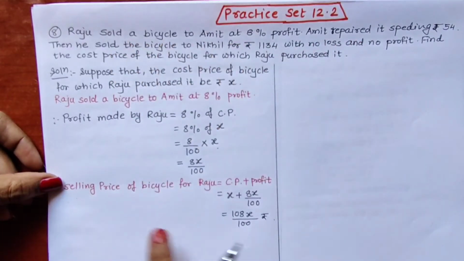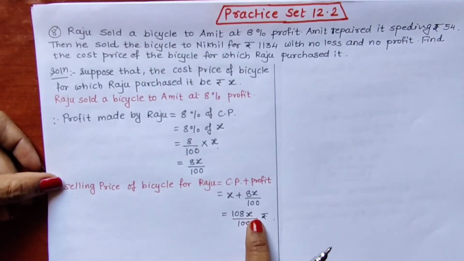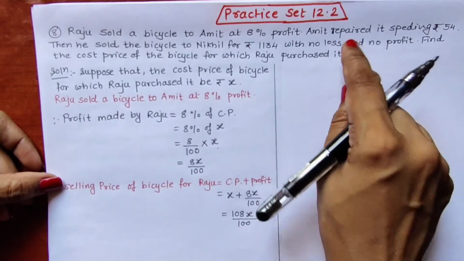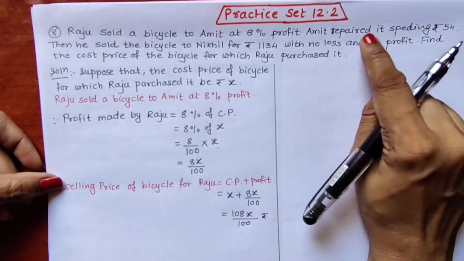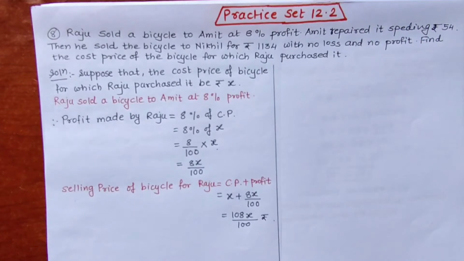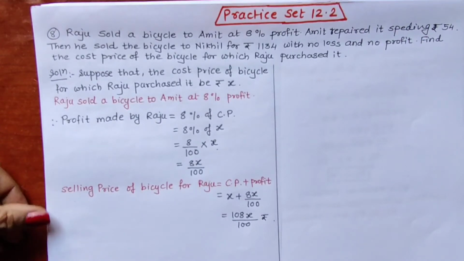Okay. Now what will be the cost price of the bicycle for Amit, because Amit has bought it from Raju. Raju gave the bicycle at 108x upon 100 rupees, but Amit spent 54 rupees more on repair. So we are going to write that, and then find out the cost price for Amit.